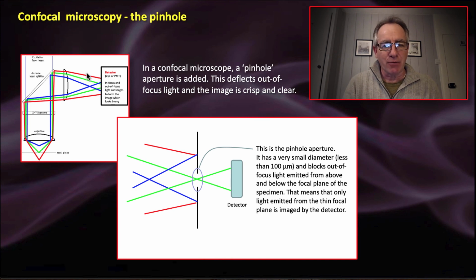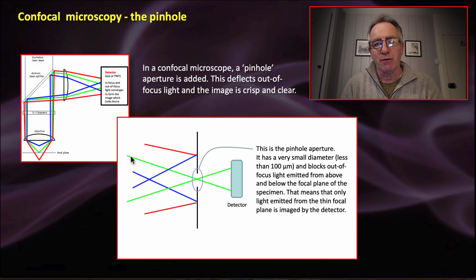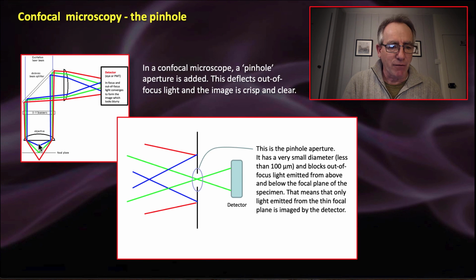All of these light rays are converging on the detector. Remember, the green light was being emitted from the focal plane that you wanted to make an image of. It focuses right at the center of the little pinhole, and it goes into the detector. And the detector forms the image. The out of focus light that came from above the intended focal plane gets blocked by that aperture, and the out of focus light that came from below that focal plane gets blocked by the aperture.